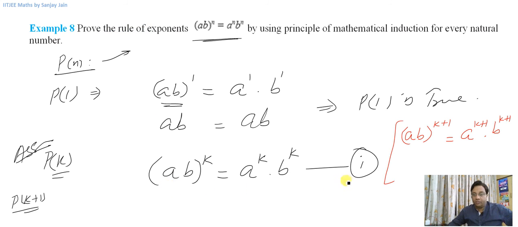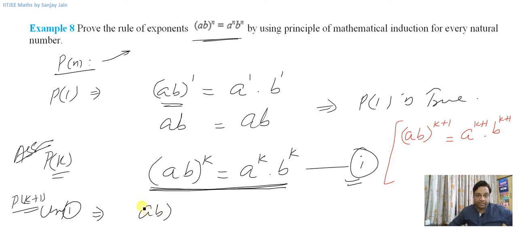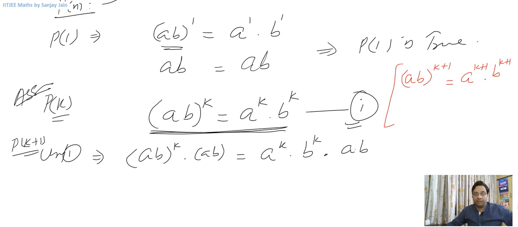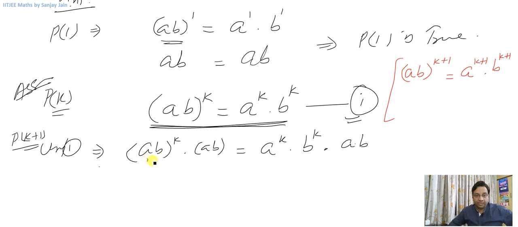Using this, multiplying this equality by ab on both sides, using 1, I can say (ab) raised to power k into ab is equal to a raised to power k into b raised to power k into ab. Now if you see, the base is same, so I can add the powers.